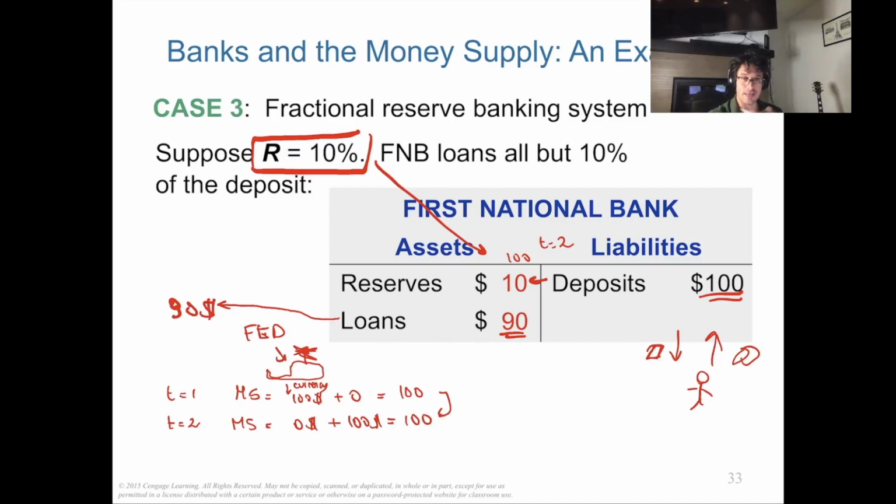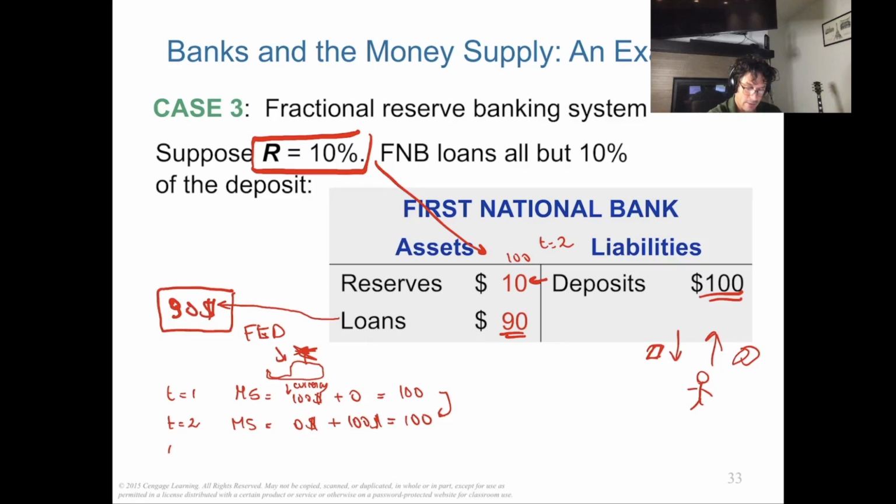What does it mean to make a loan of $90? There's going to be a household that receives $90. They can use this to purchase a television, an iPad, or whatever. So this is new cash that is in the economy.